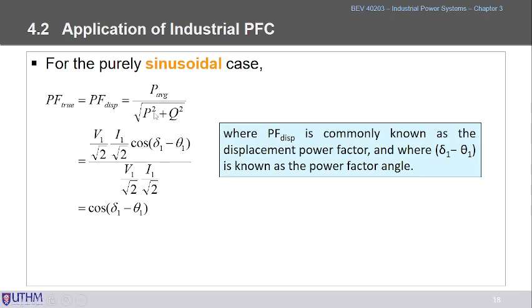And of course S is also VRMS and IRMS. When we cancel these out, we only remain with cos of del 1 minus theta 1. So this is the displacement power factor. That means the displacement power factor is the common power factor that we understand, and it only considers the fundamental waveform.